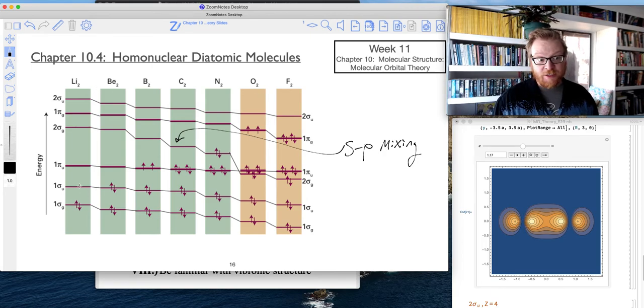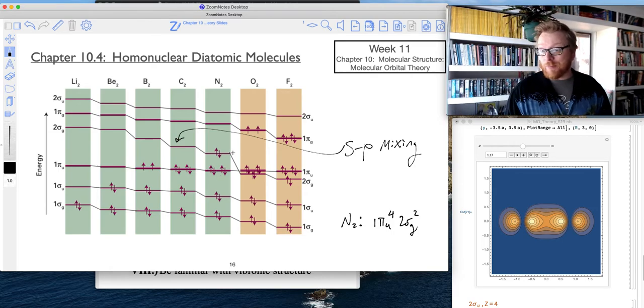Once I start at the 1πu, 2σg, etc., that creates the valence shell. So I'm going to add up all of these for the valence shell. Nitrogen's valence shell is 1πu⁴ 2σg², so there are 4 electrons in the 1πu and 2 electrons in the 2σg.